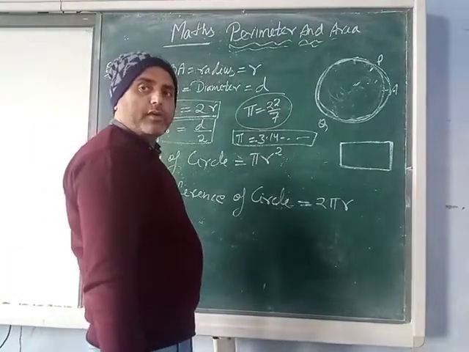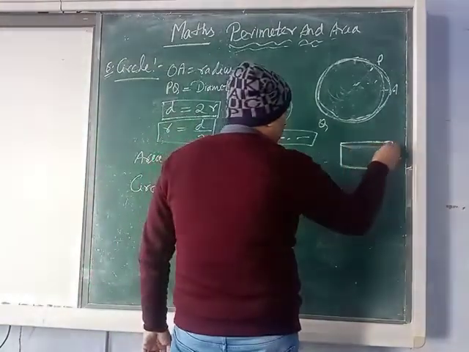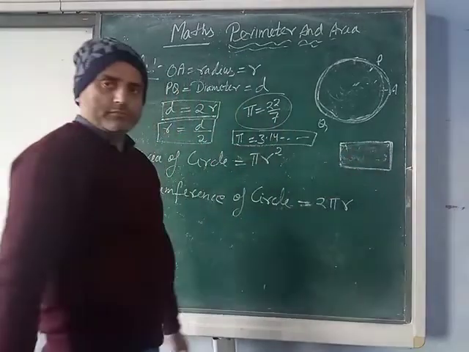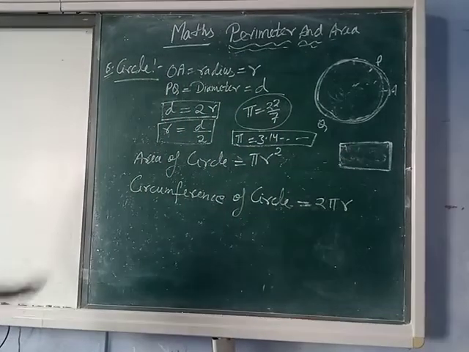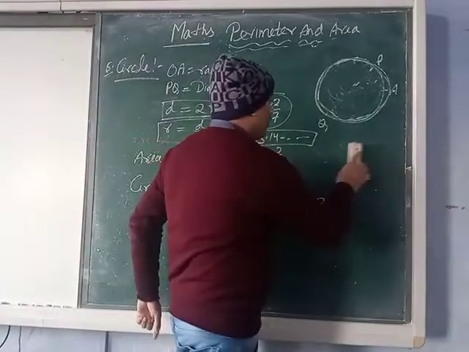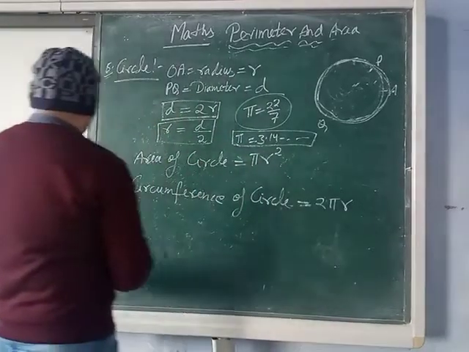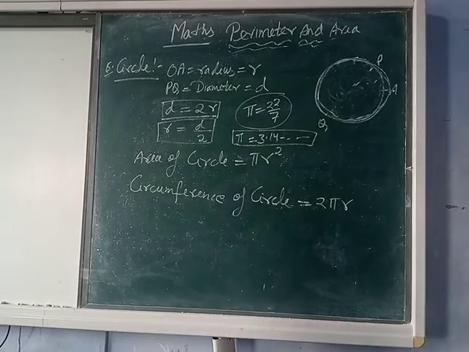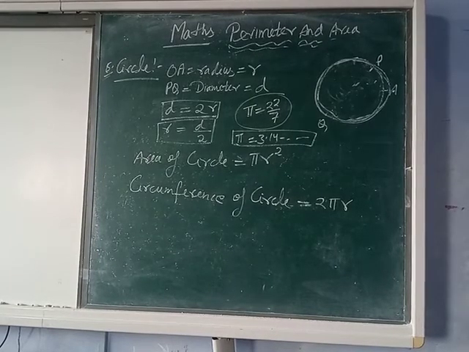But when we talk about area, it means we have to find the total surface of this inside figure. Is it clear? So now write this thing also, and you have to learn all these things: the value of pi, area of circle, circumference of circle. Okay? Write down.